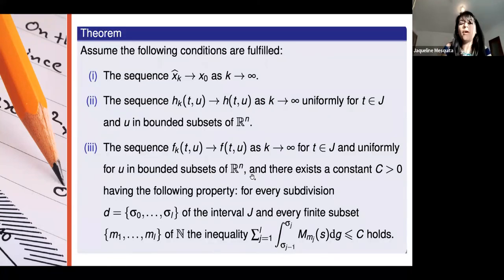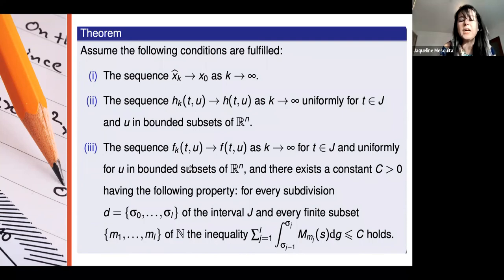And some more, if we have that this sequence goes to x0 when k goes to infinity, and also this one goes to here uniformly as k goes to infinity, and also this type of convergence concerning our function f.